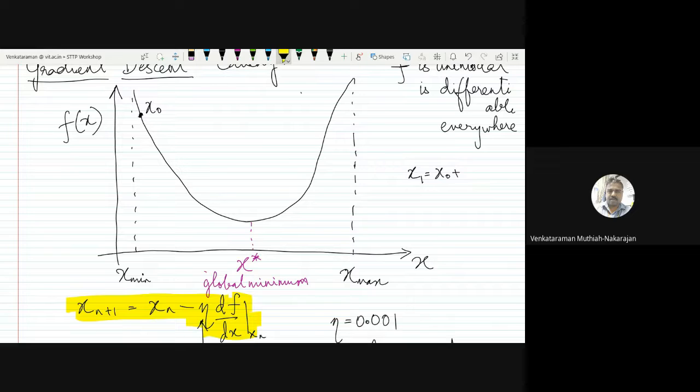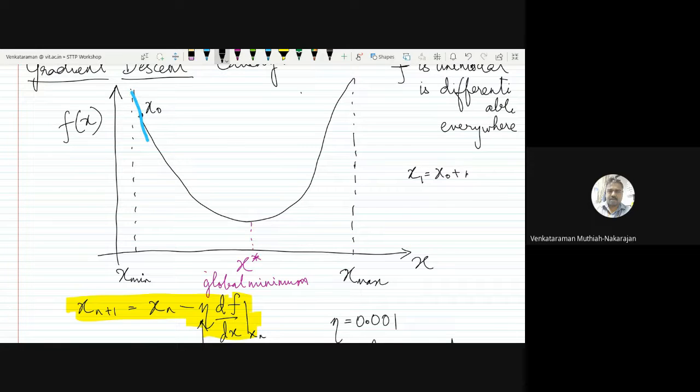Now we find the slope. What is the slope here for x0? It turns out to be a negative number.